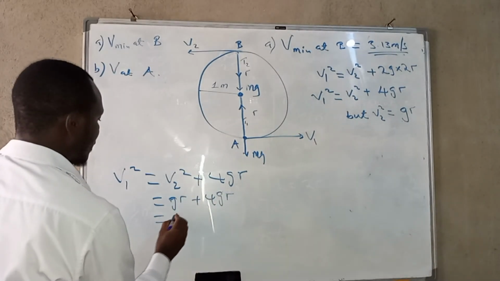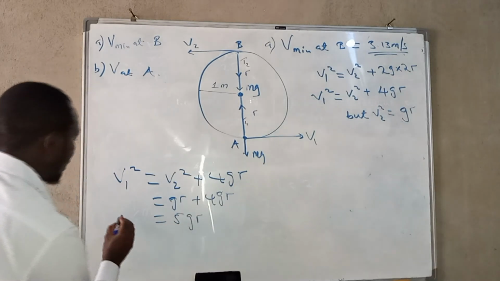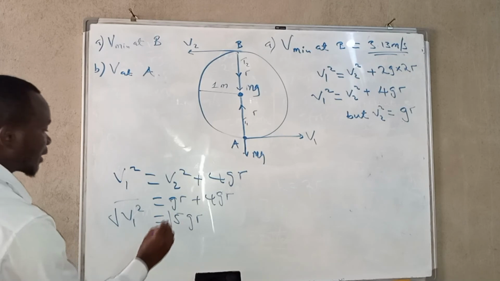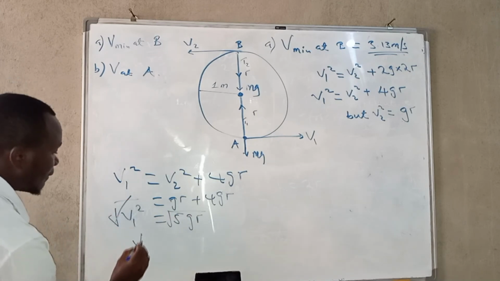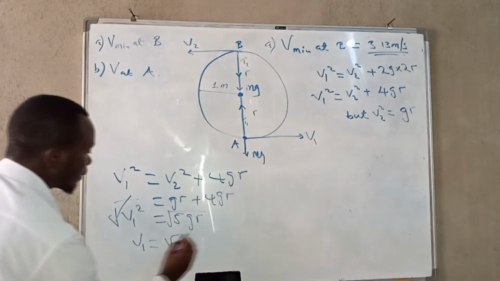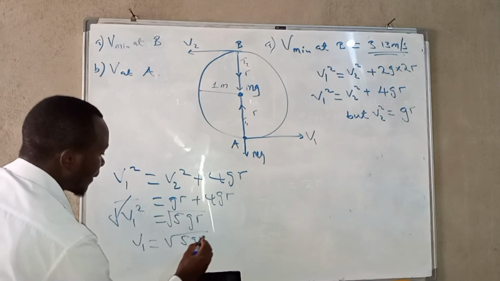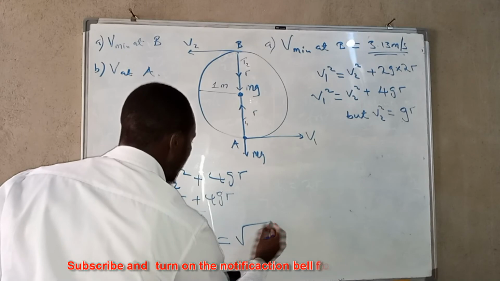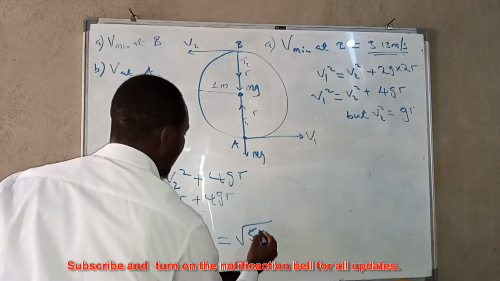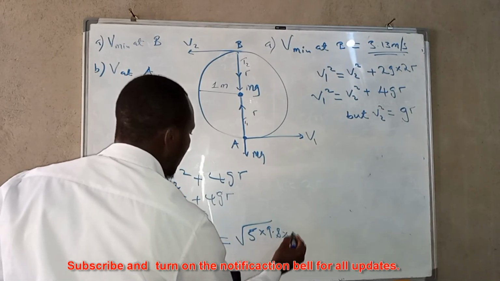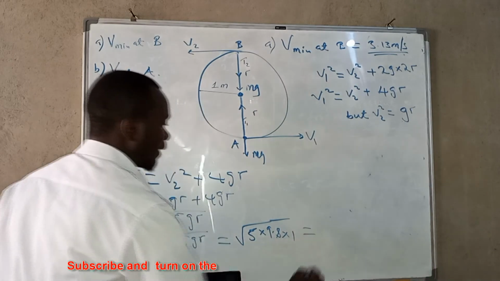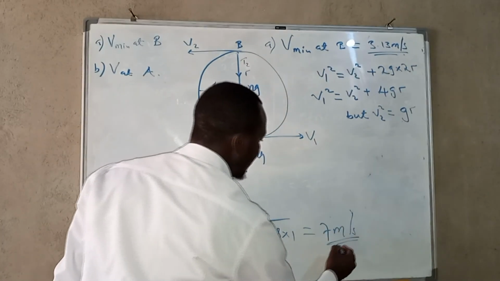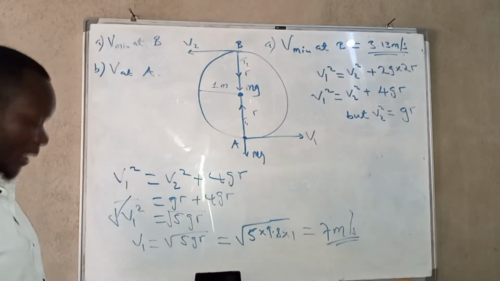So what we're going to get is 5gr as v1 squared. Introducing the square root to both sides, v1 is equal to the square root of 5gr. Putting in the values, we have the square root of 5 times 9.8 times 1, which will give us 7 meters per second as the speed.